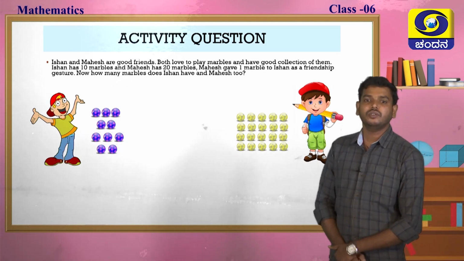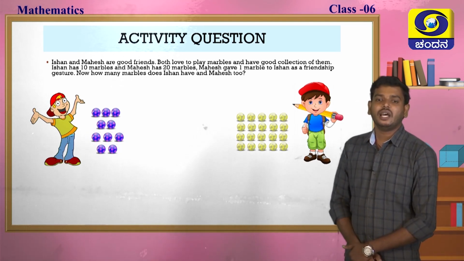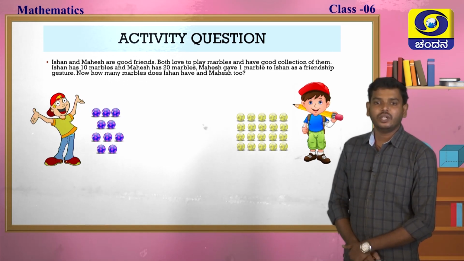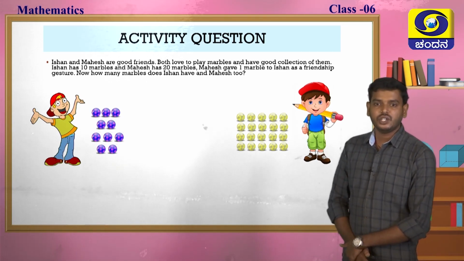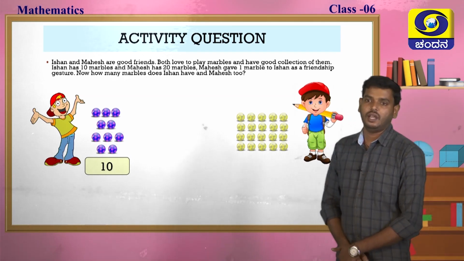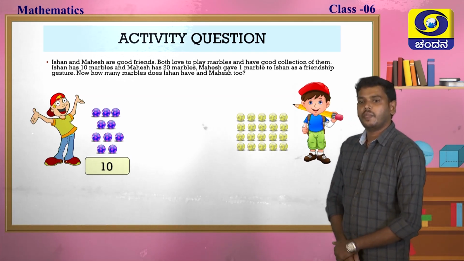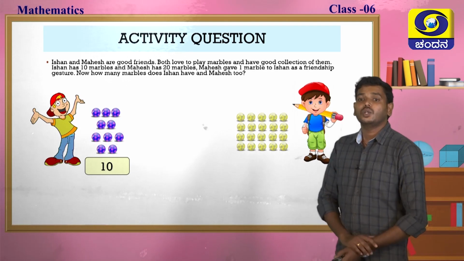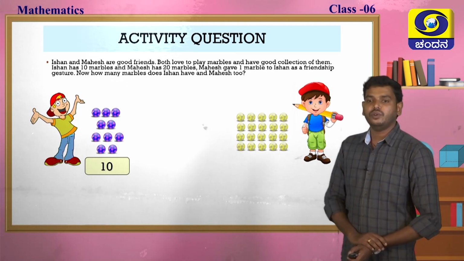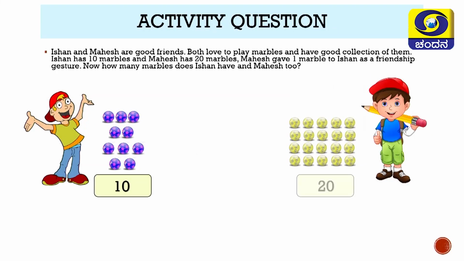You can observe here that Ishan has 10 marbles. You can count the marbles, children. Ishan has 10 marbles. And what about Mahesh? Mahesh has 20 marbles. If you want, you can count them.